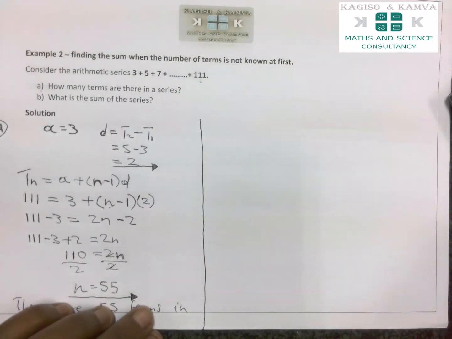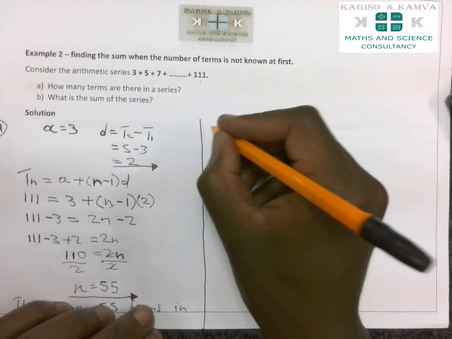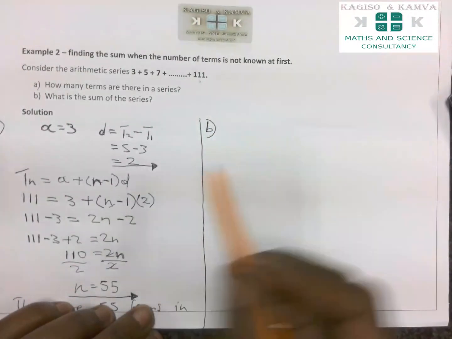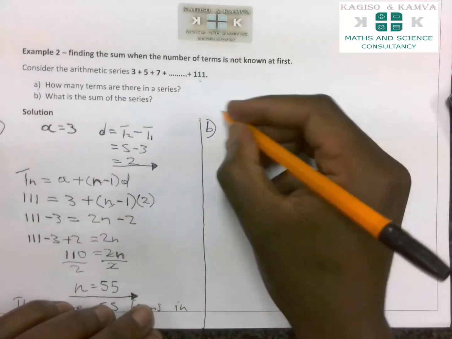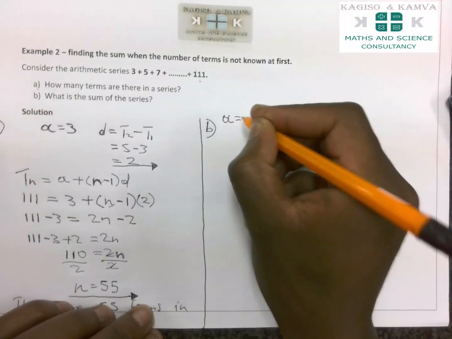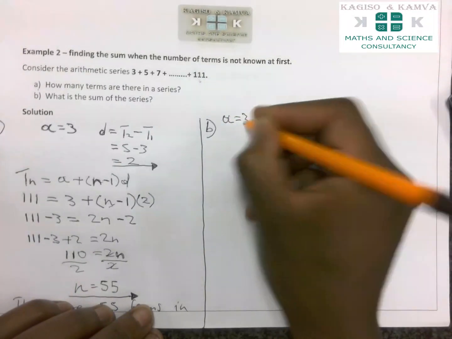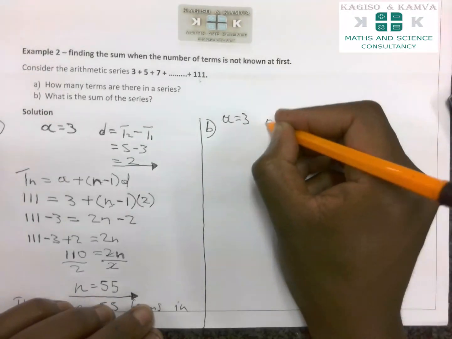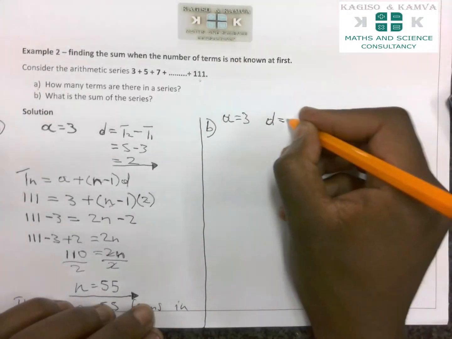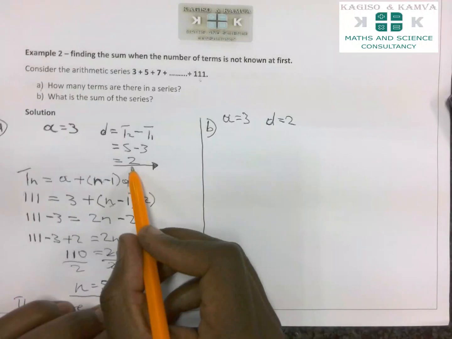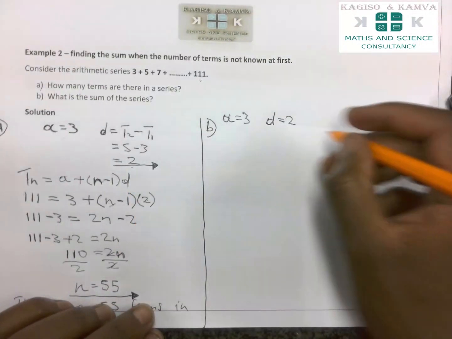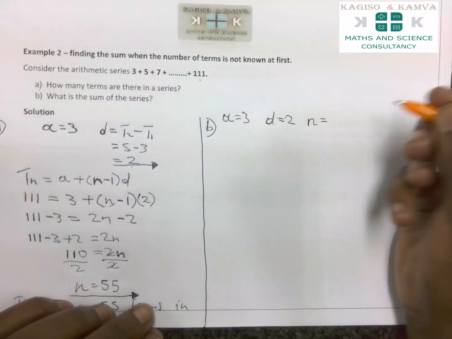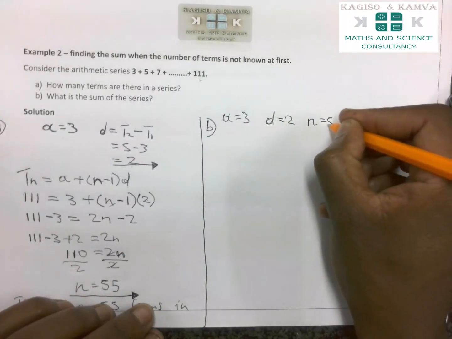We are going to do this one in two ways. So for B, what do we have? We have a, which is equal to 3. We also have d, which is equal to 2, and we also know n, which is equal to 55.